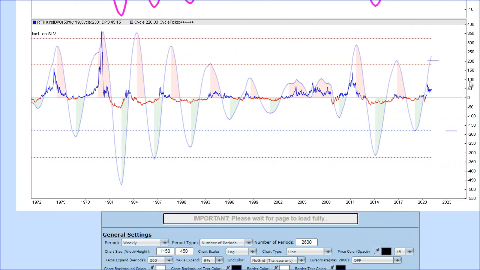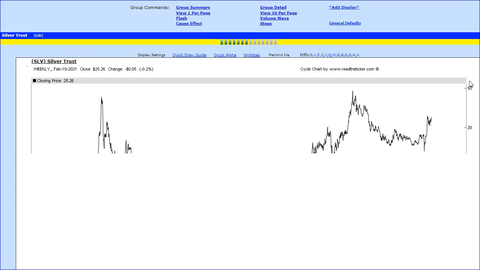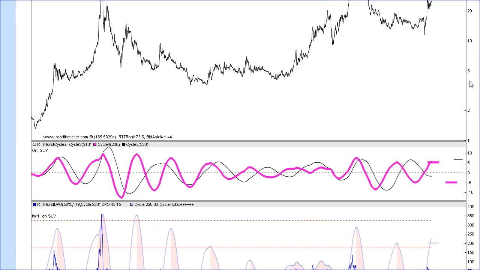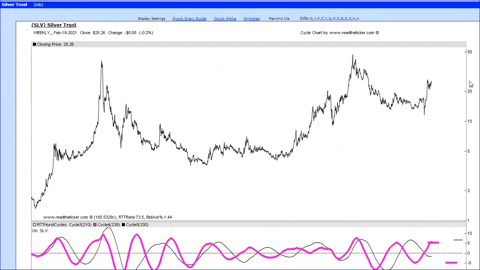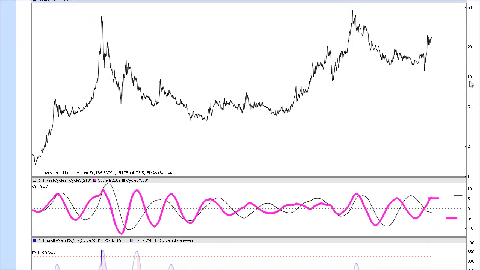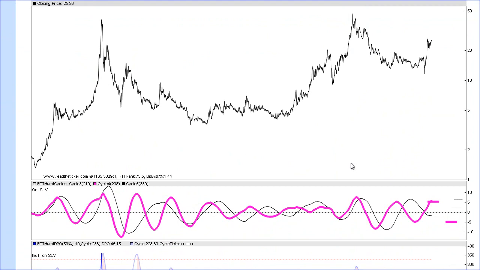See what it looks like. Yeah, I like the pink one better. Pink one fits.